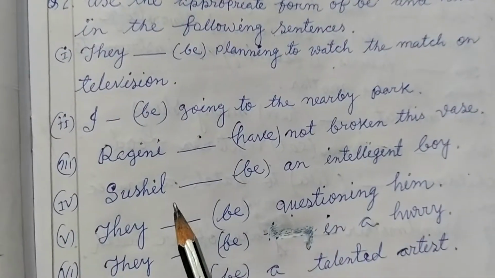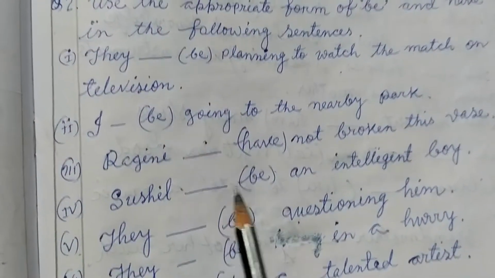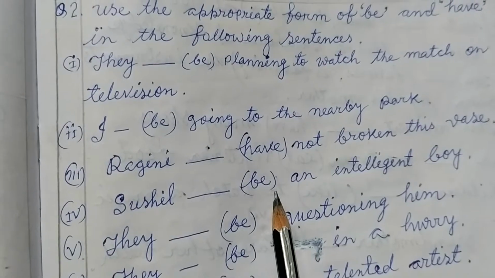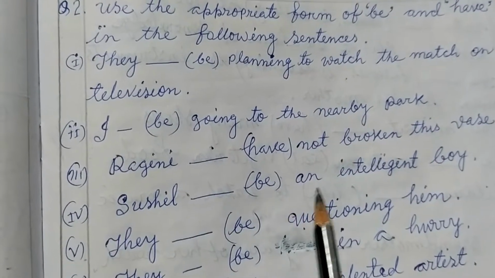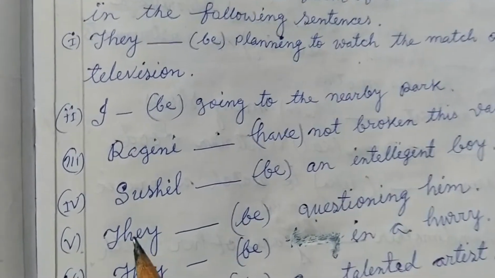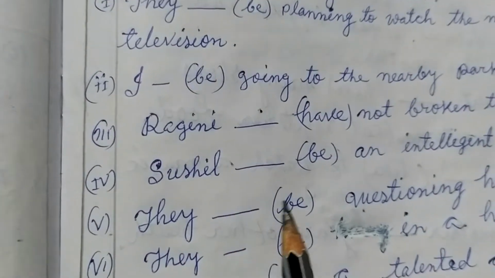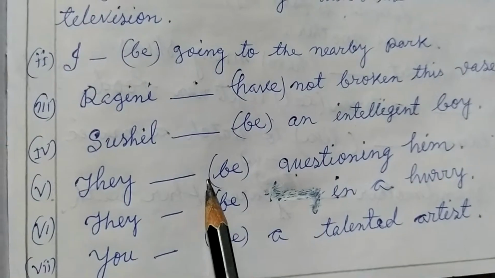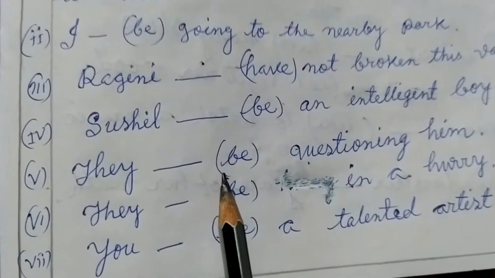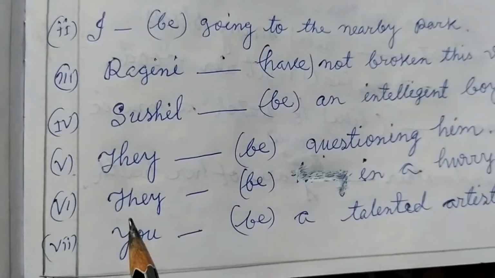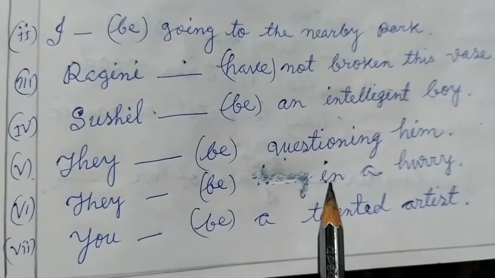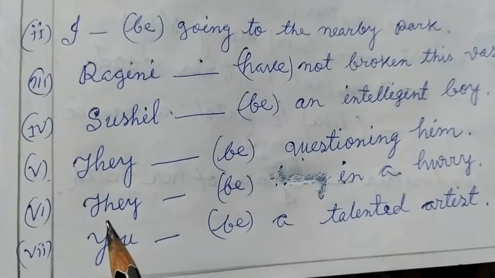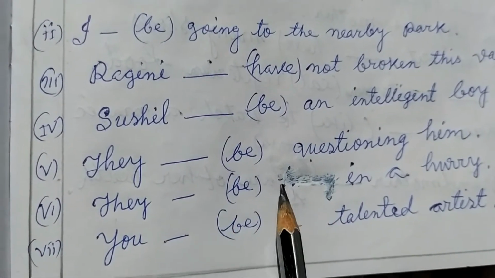So Sushil is, in simple present tense, is an intelligent boy. Now they dash be questioning him. So they are questioning him. Simple present tense. Number 6, they be in a hurry. So it's also simple present tense, they are in a hurry.